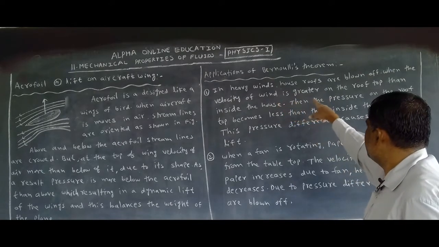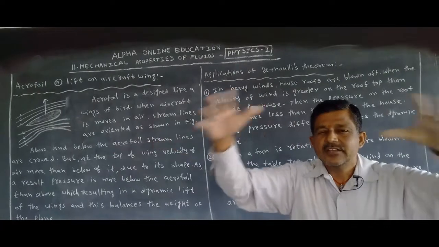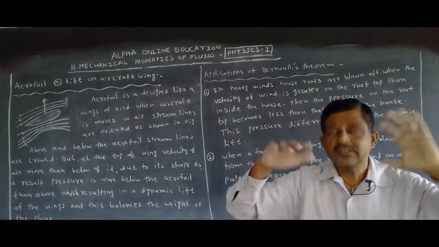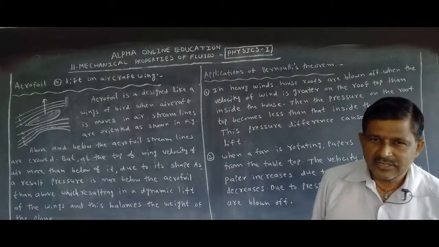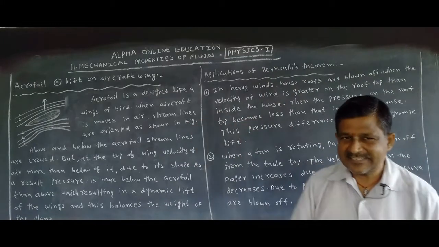In a heavy wind, let us take houses which have roofs made of asbestos sheets, not an RCC building, but huts like that.